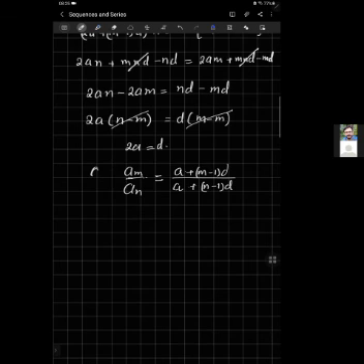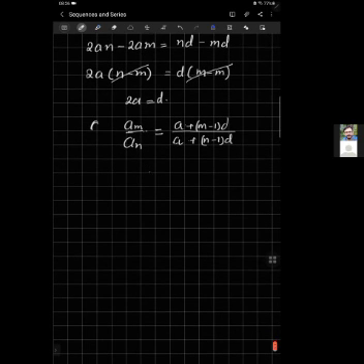Now d can be written as 2a. So a plus m minus 1 into difference can be written as 2a. a plus n minus 1 into difference 2a. a into 1 plus 2m minus 2.